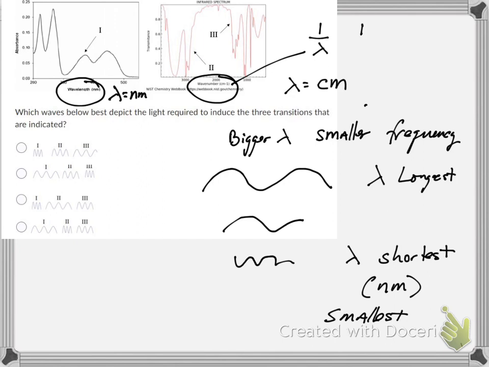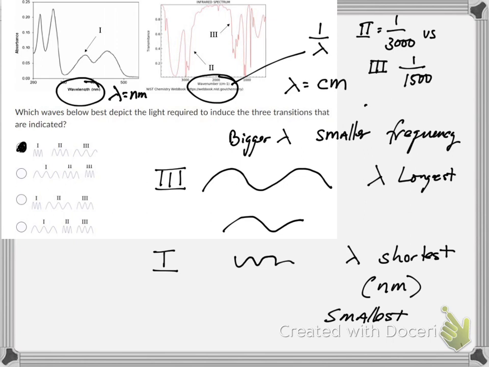So the wave number is 1 over lambda, right? So that means 2 is 1 over 3,000 versus 3, which is 1 over 1,500. So the 1 over 3,000 is the smaller wavelength. 1 over 1,500 is the longer wavelength. And so that's why we would put the ordering like this. 3 must be the longest wavelength.